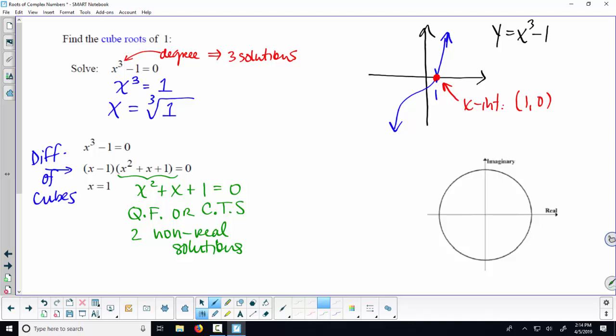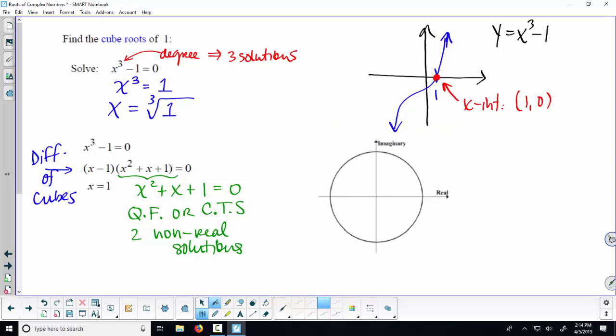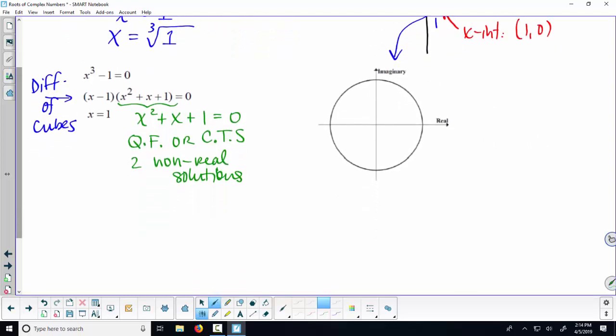Let's transfer this over to trigonometry, and let's talk about what we have seen so far. If I know one of these cube roots, I know my first root is 1. I know that 1 cubed gives me 1.